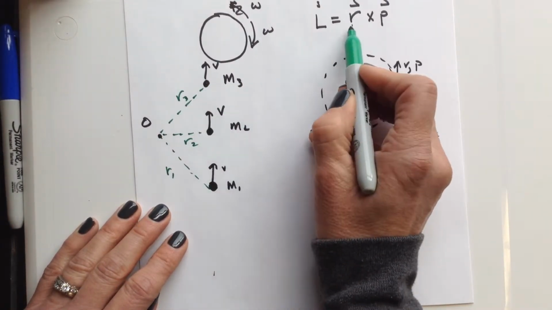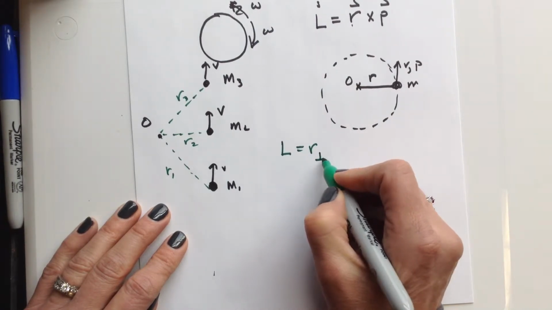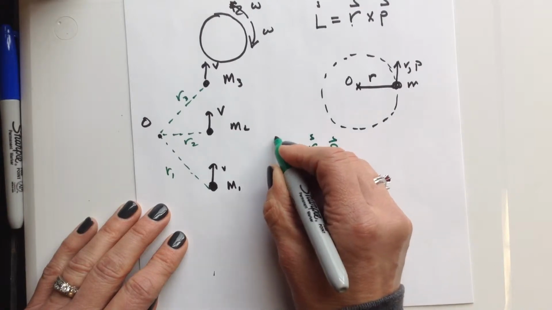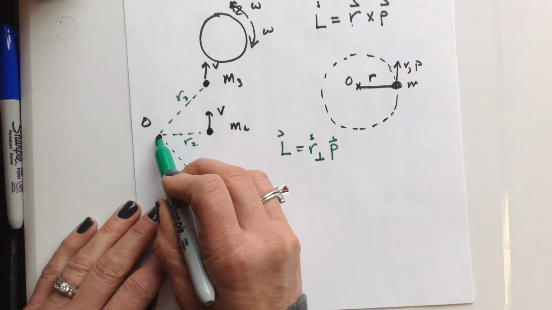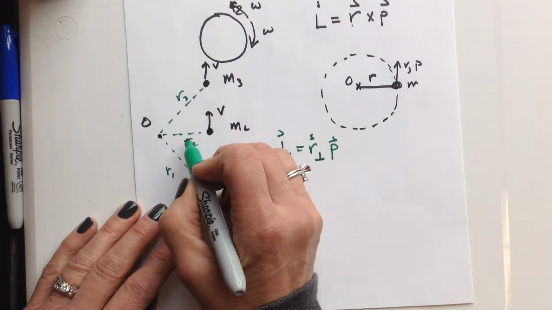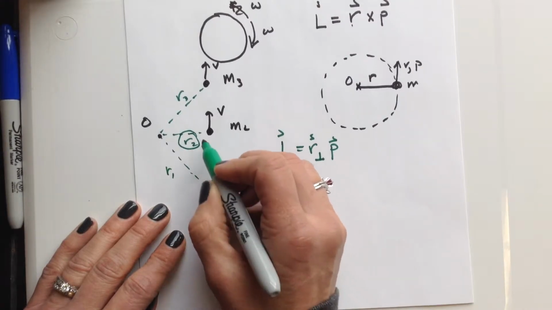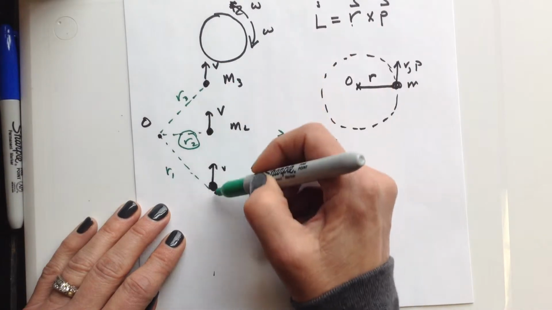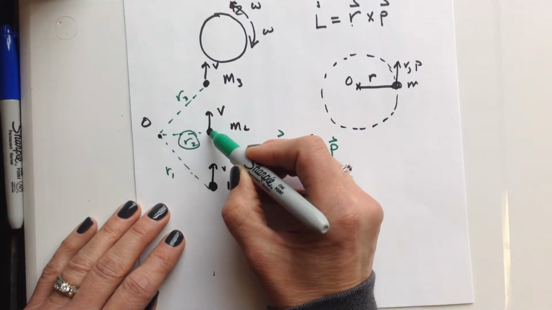But if we recall, this is a cross product, so our angular momentum is actually equal to the perpendicular component of that radial vector times the linear momentum. For all three of these objects, they all have angular momentum relative to this pivot point. So how do we figure out the R perpendicular? Just like we did with torques, we extend the direction of the velocity vector, and then we drop a perpendicular.